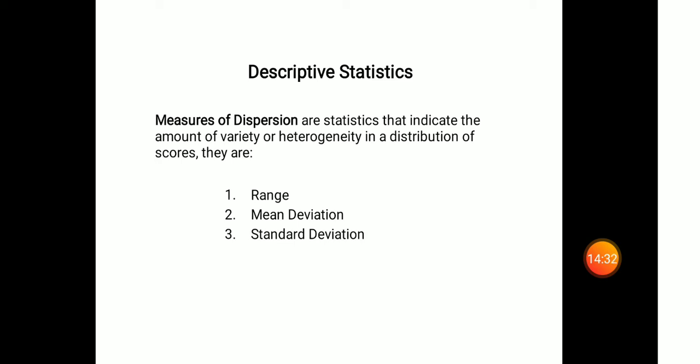Since positive and negative values are there, we take the square of each of those. We add them and divide by the number of observations. Here I want to mention specifically that if the number of observations is less than 30, we divide by n minus 1. If the number of observations is greater than 30, we divide by that number only. So for example, if you have 20 observations, here we add all the squares of each of the observations.